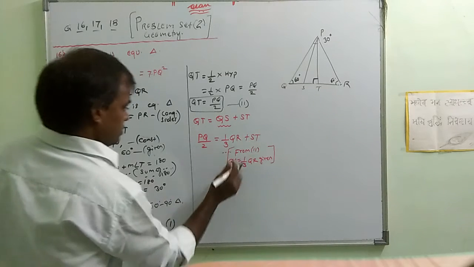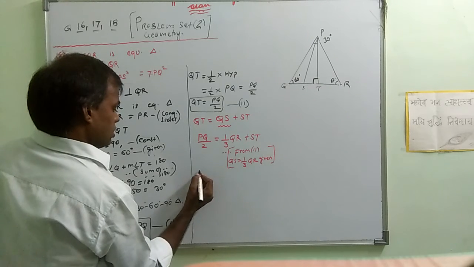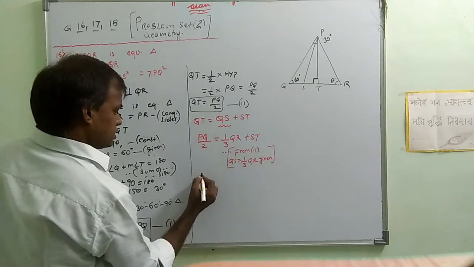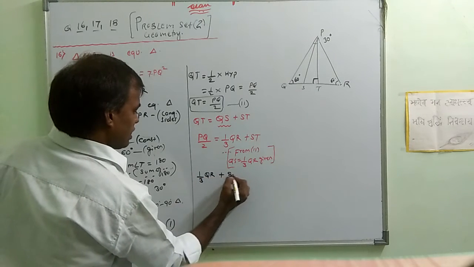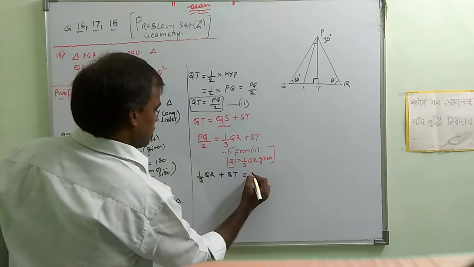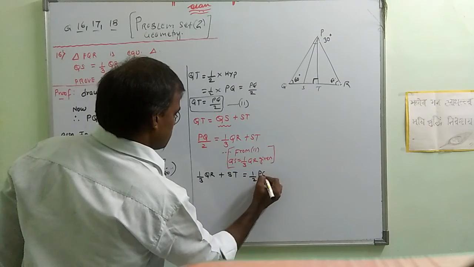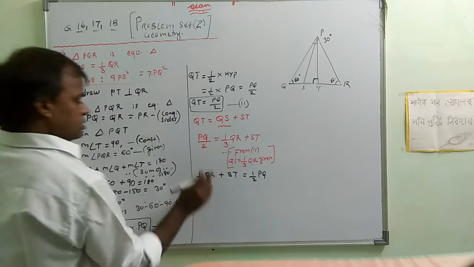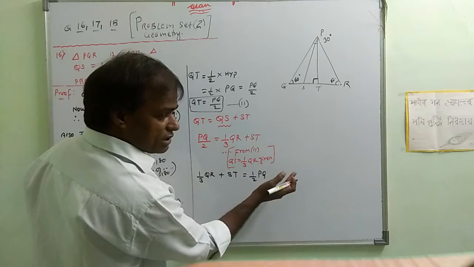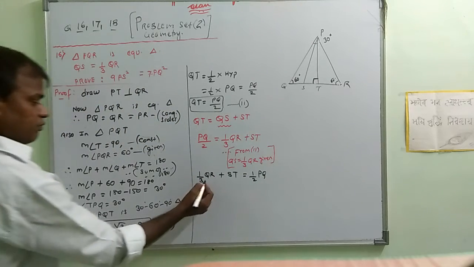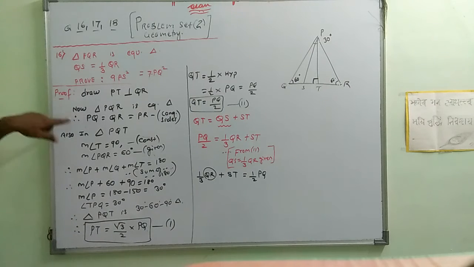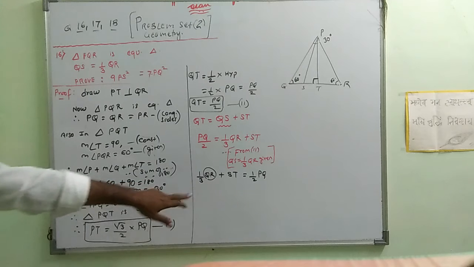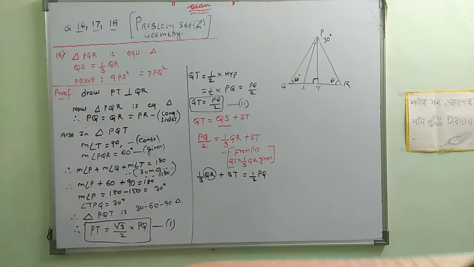So in the next step, let's change the sign of this equation. 1 upon 3 QR plus ST equals 1 upon 2 PQ. I have taken this to the right hand side and the right hand side part to the left hand side. So we know that QR is equal to PR and PQ. So in place of QR, we can write PQ.